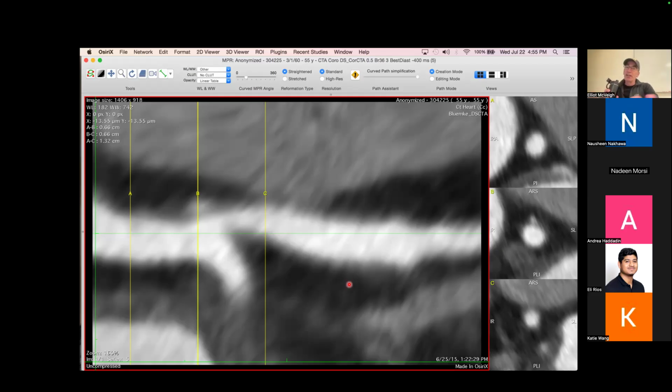It is certainly not random noise when you look at it, right? Given this was a Siemens Force, it was probably done in like 3 heartbeats, something like that. And for this patient, every heartbeat probably was the same. There doesn't look like there's any motion artifact.